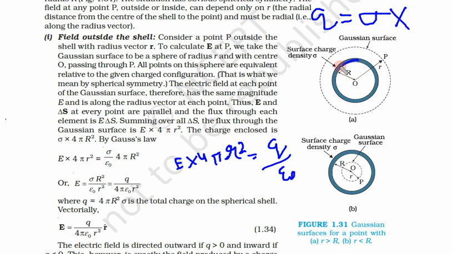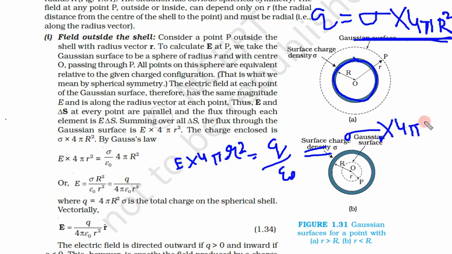This time we will not take the Gaussian surface. The Gaussian surface is only on the flux side, but the charge is only on the original shell, this spherical shell. So we will take the radius of this spherical shell. So this is simply sigma into 4 pi R square.